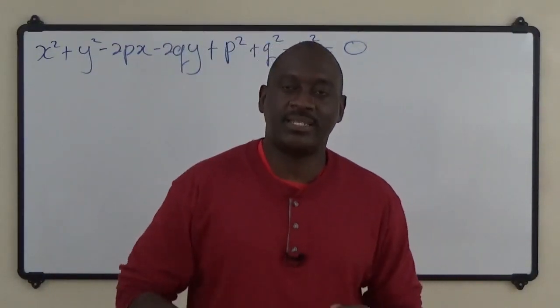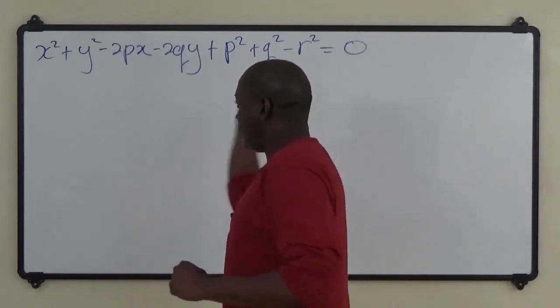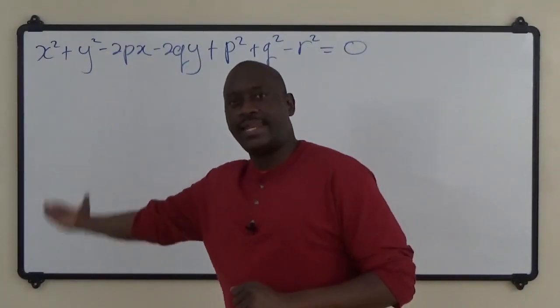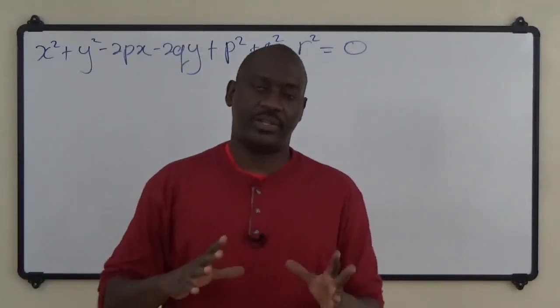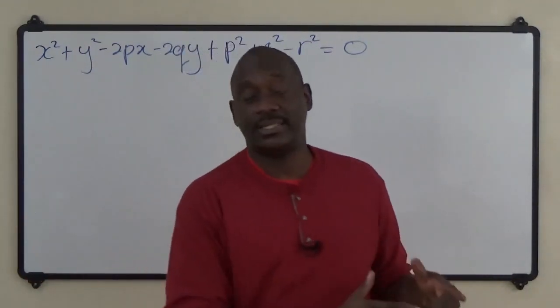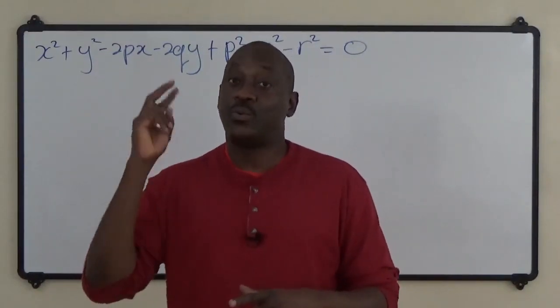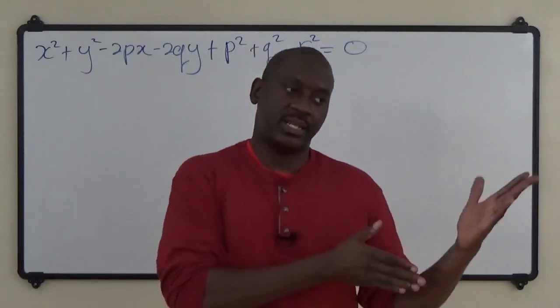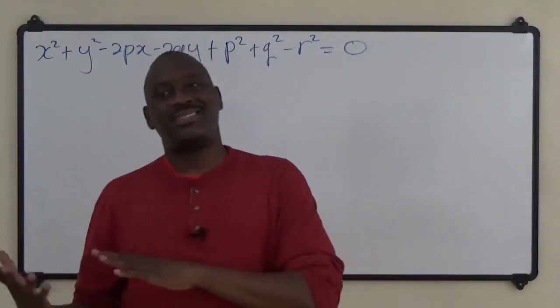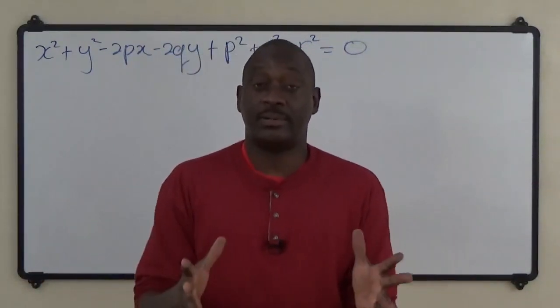Now we're going to complete the square using the general equation, and then in the next couple of videos, because I really believe I want to split that into 2 videos, I will use one particular example and move from standard to general, go back from general to standard, and do all the little algebra in between.